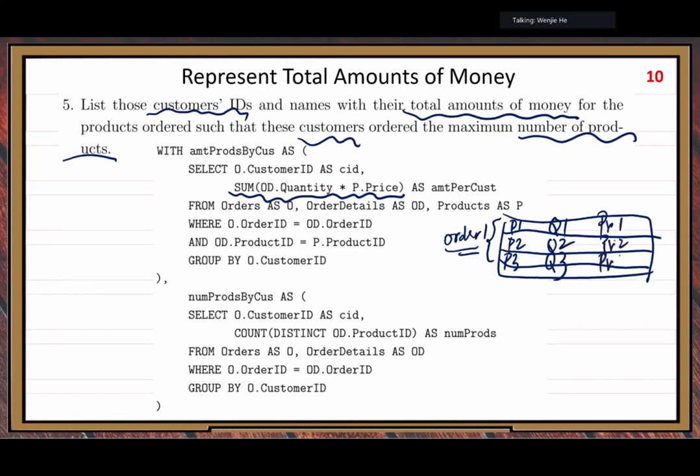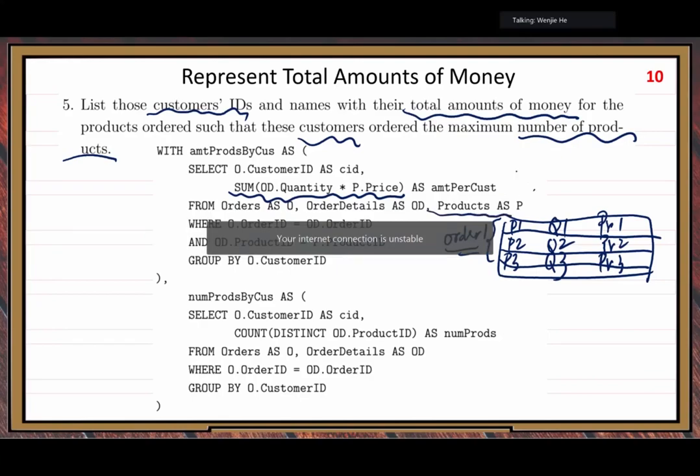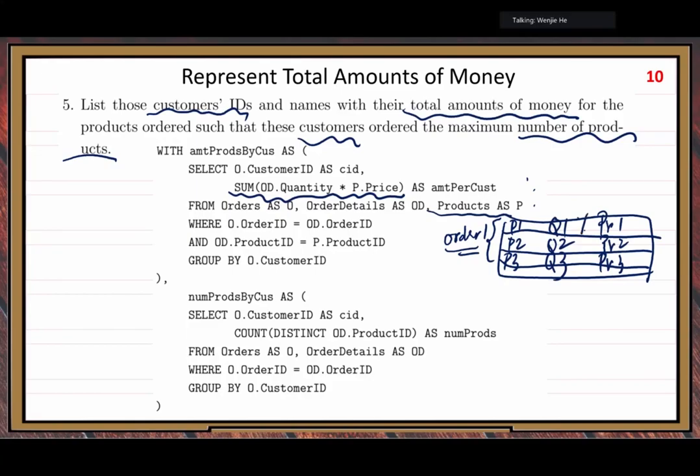This price we can get by joining the products table. After the join, we can get this price information. Then we can calculate the money amount by multiplication. So for each product, how much money? You can calculate quantity times the price. But one student messed up.